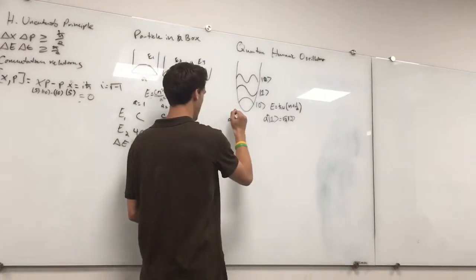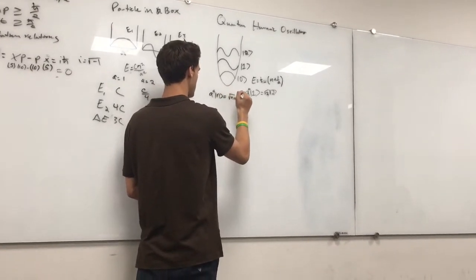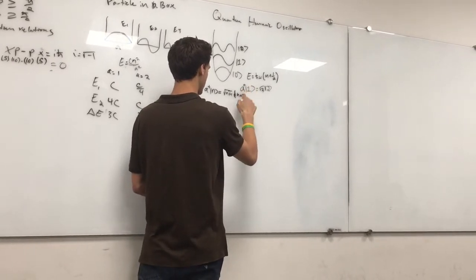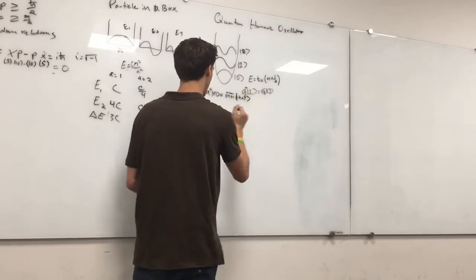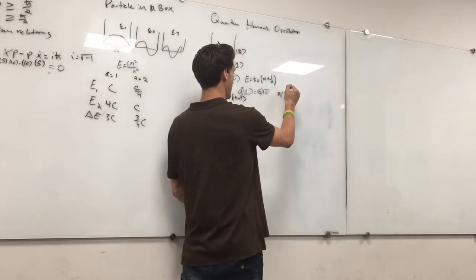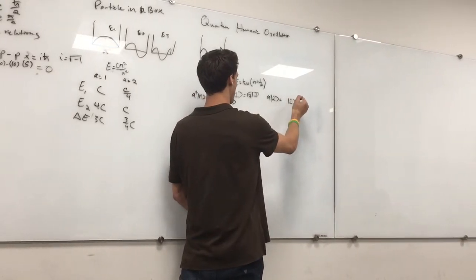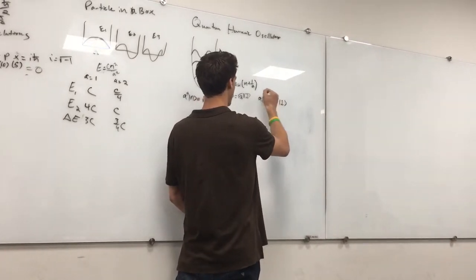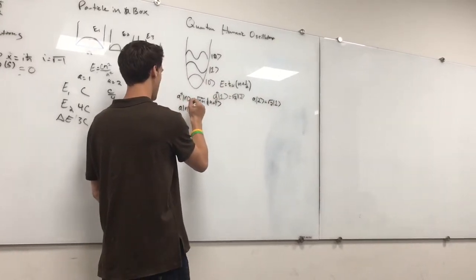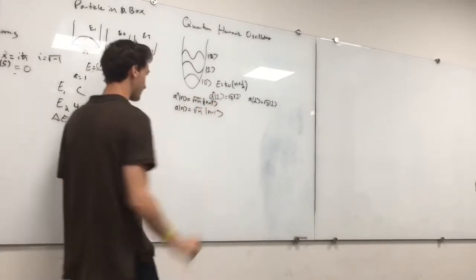It's defined so that a-dagger acting on n gives square root of n plus 1 times the state n plus 1. And the lowering operator, vice versa: if we have the state 2, we get back 1 with a normalization factor, so a acting on n gives square root of n times the state n minus 1.